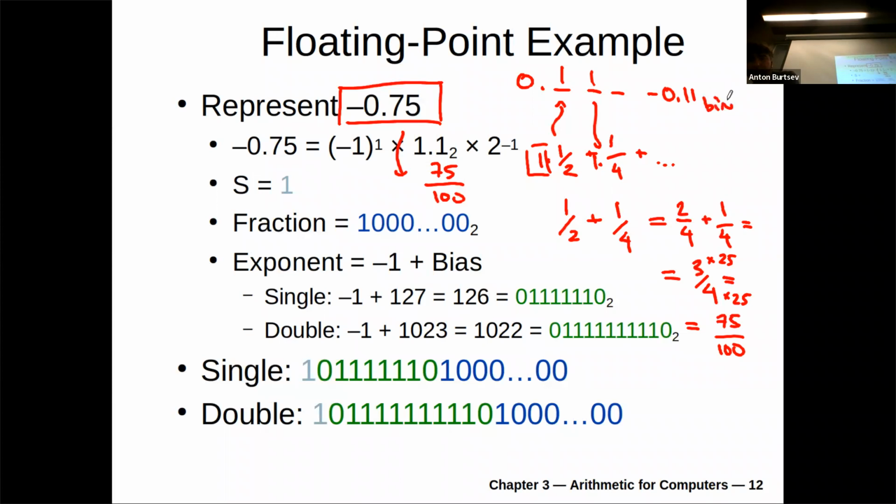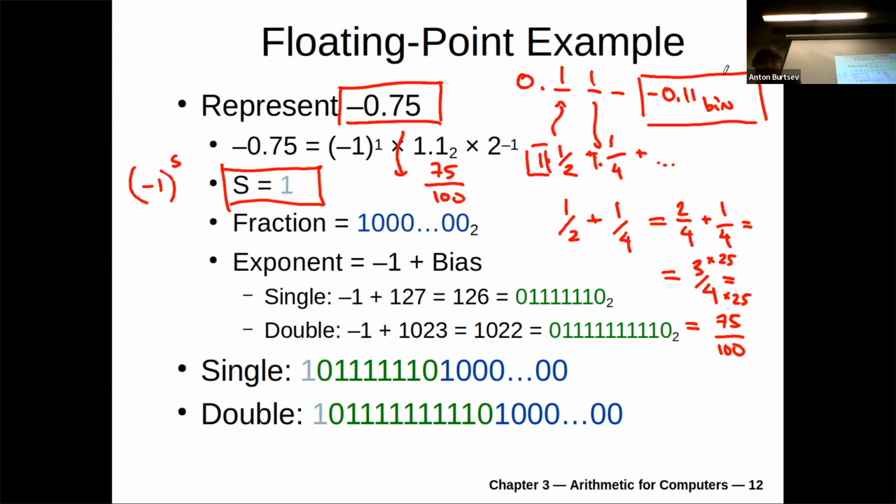And now what do we do next to represent it as a floating point, single precision number? The sign will be 1, because our rule for the sign is negative 1 raised to the power of s. Then we need to normalize it.